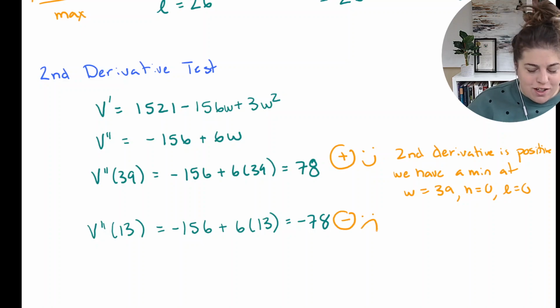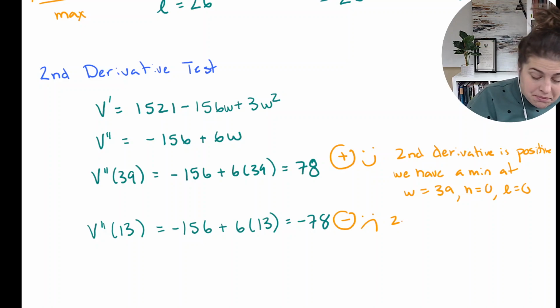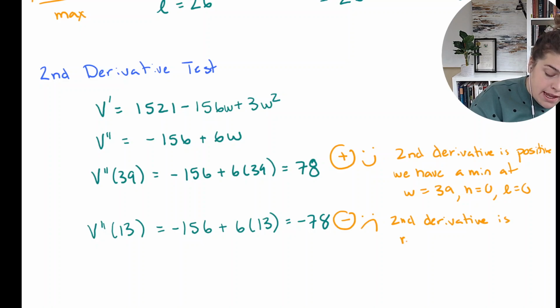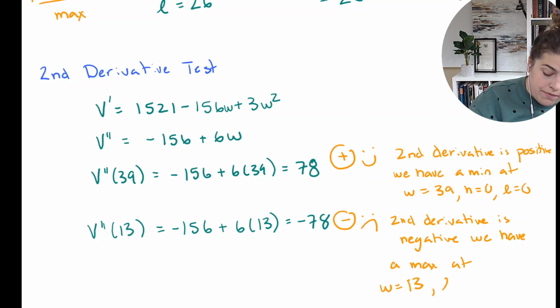So that means it's concave down and we have a maximum. So that second derivative is negative. So then we have a max at that W equals 13, the length equaling 26, the height equaling 26.